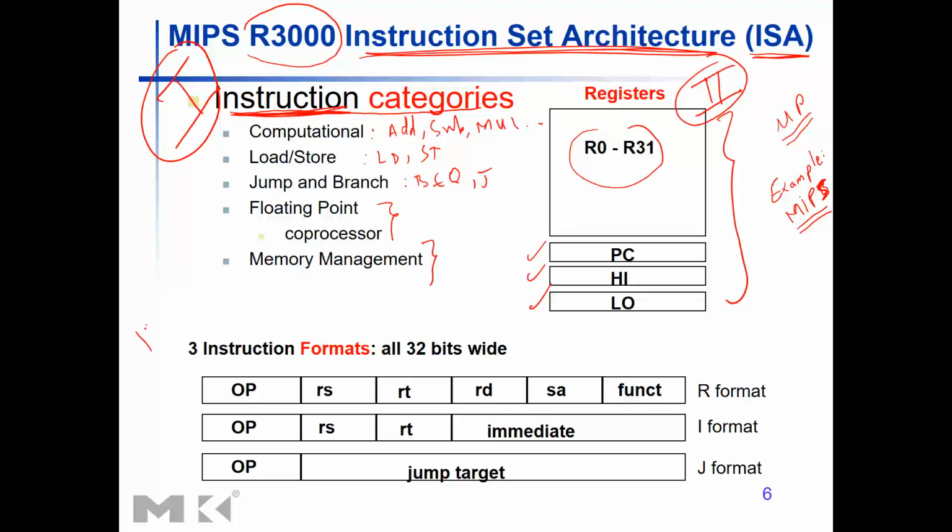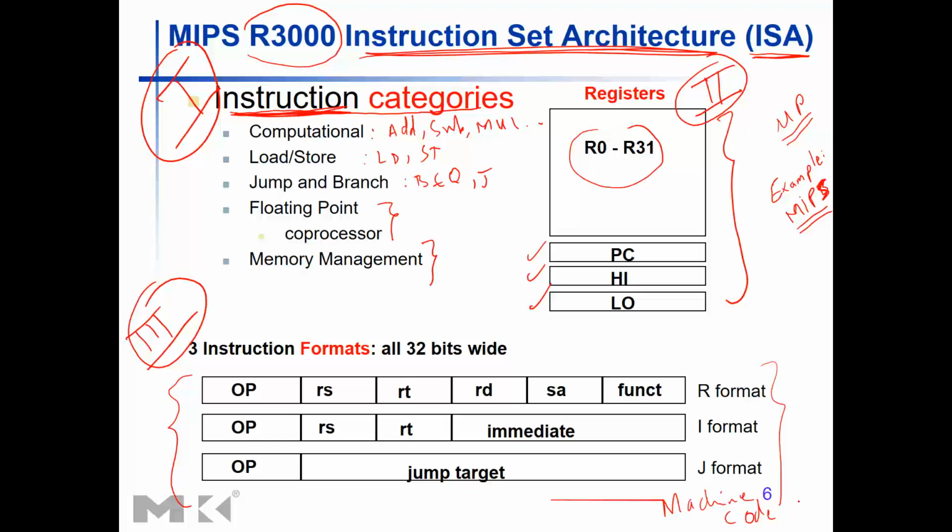The third part that I need to understand about the instruction set architecture is the format, that is, the format I use when I encode my assembly instructions to generate the machine code, which translates assembly instructions to machine code.